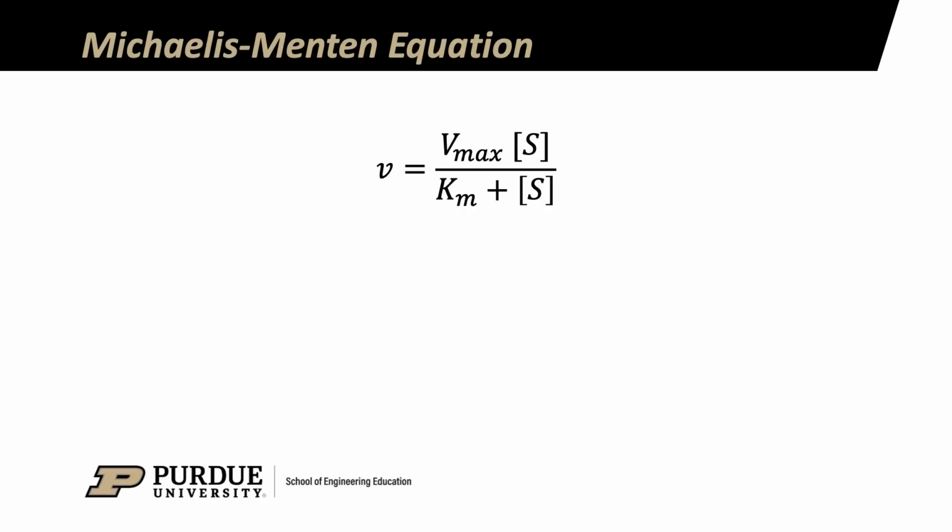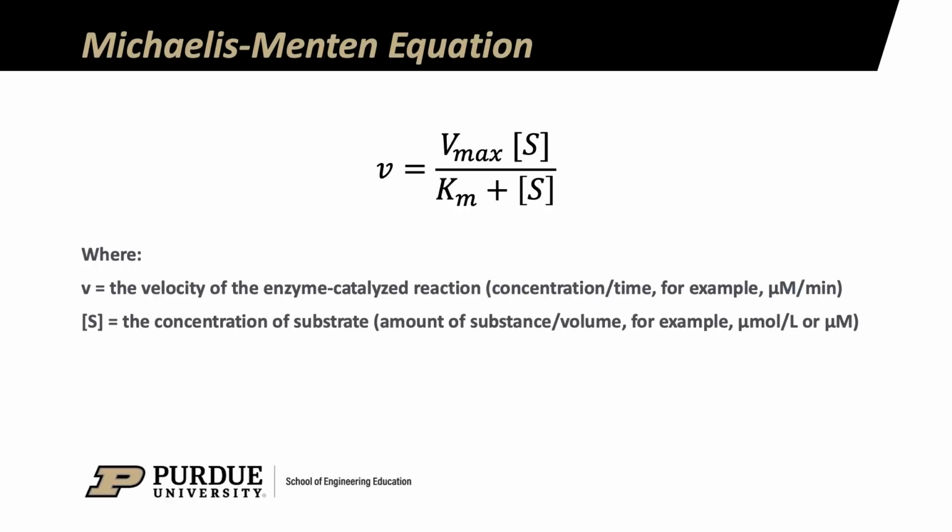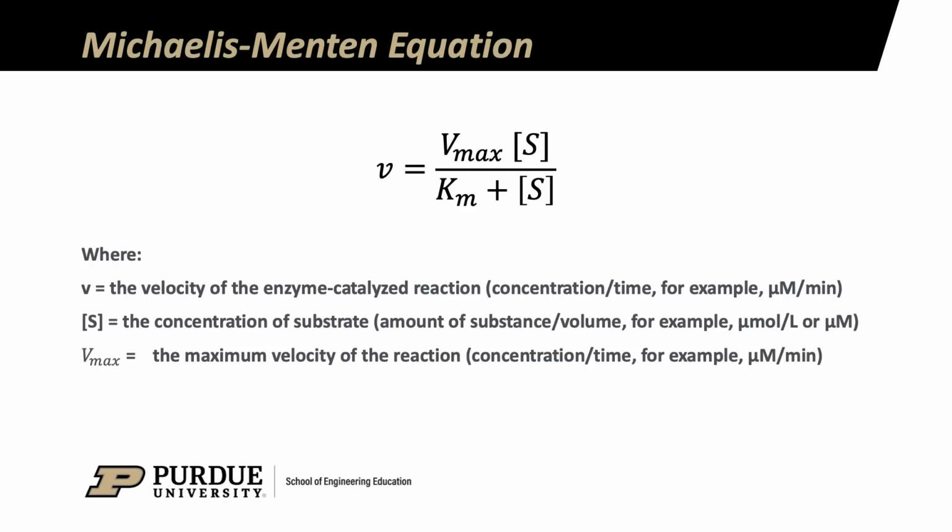So the Michaelis-Menten equation, again, is V equals Vmax times S divided by Km plus S. The V is the velocity of the enzyme catalyzed reaction with units of concentration over time. The S in brackets is the concentration of the substrate, with units of the amount of substance per volume.